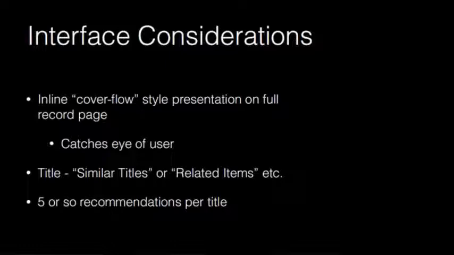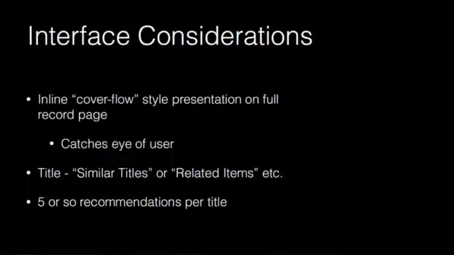So what could this look like? We haven't implemented this into production yet. It's still a work in progress, but we would probably want an inline cover flow style presentation on a full record page. We did usability testing on our browse shelf interface and showed users some mock-ups of alternate presentations.